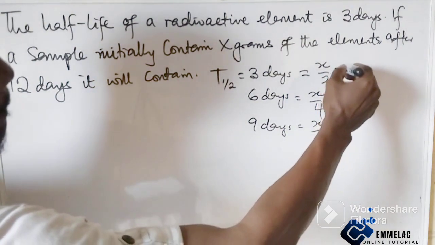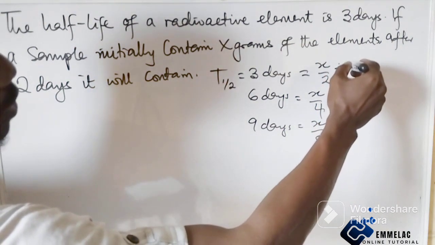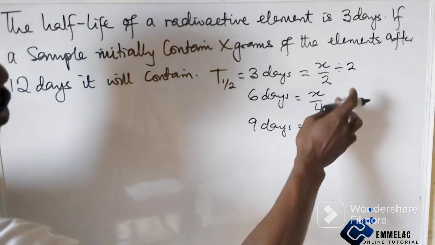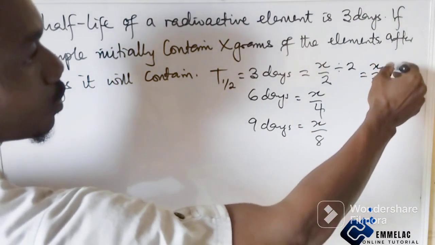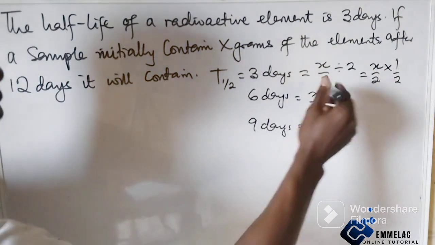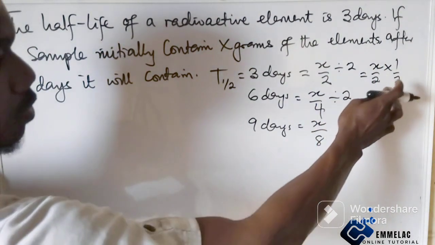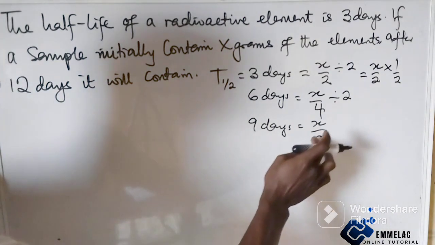So this divided by 2 will give us x over 2 times 1 over 2. The same thing divided by 2, following this procedure, you have this.